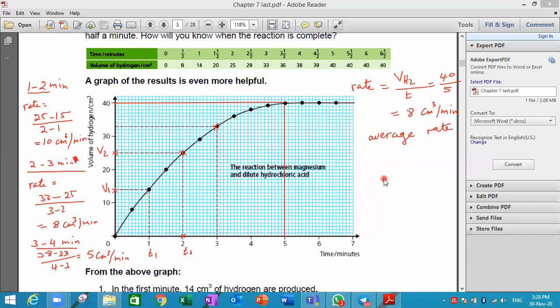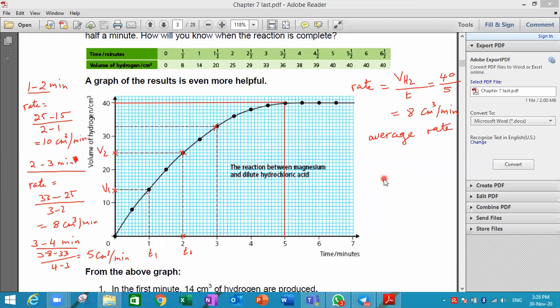The rate depends upon the concentration of the reactants, so the higher the concentration, the higher the rate. As the concentration of the reactants decreases with time, the rate will decrease as well.